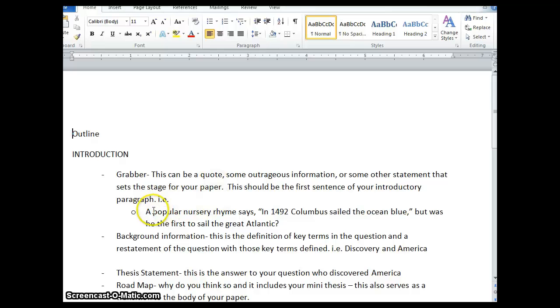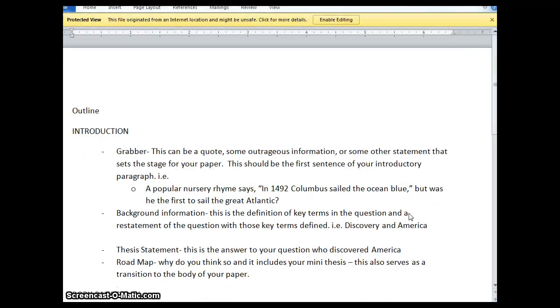An example: a popular nursery rhyme says, notice the frame here, okay, in 1492 Columbus sailed the ocean blue, but was he the first to sail the great Atlantic? The nice thing about this quote is that it's a popular nursery rhyme and is common knowledge. It does not need a source.